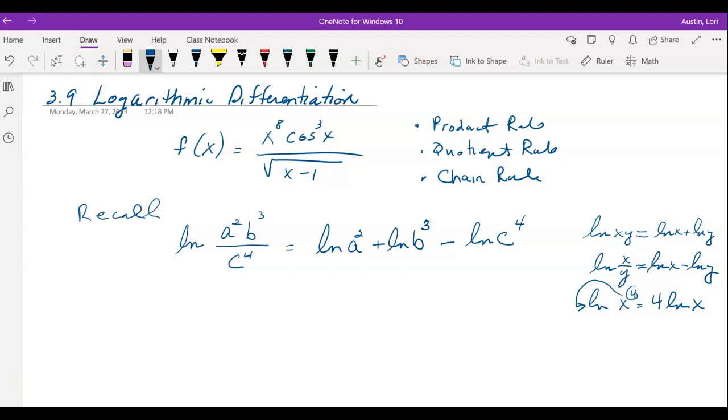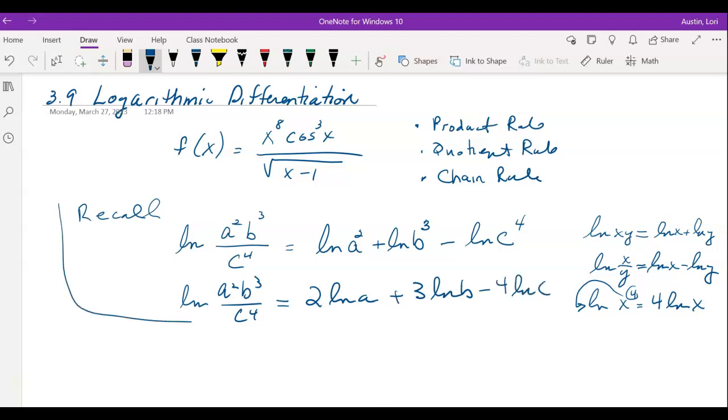So, understanding that, this would then become 2 ln a plus 3 ln b minus 4 ln c. All right, so there's our quick little recall.